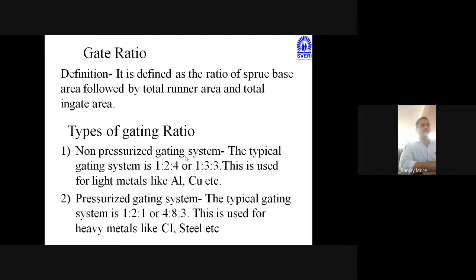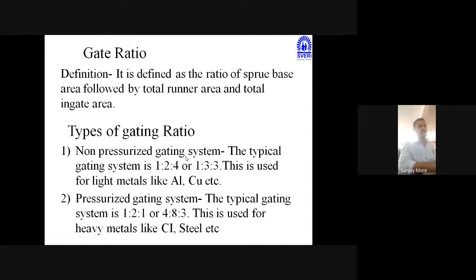It is defined as the ratio of spur base area followed by total runner area and total ingate area.